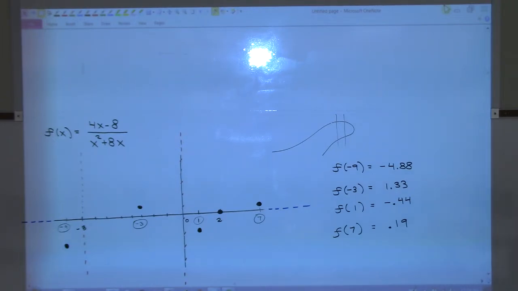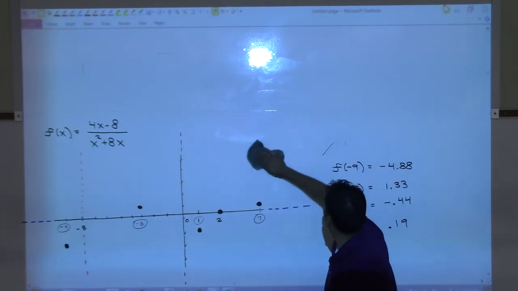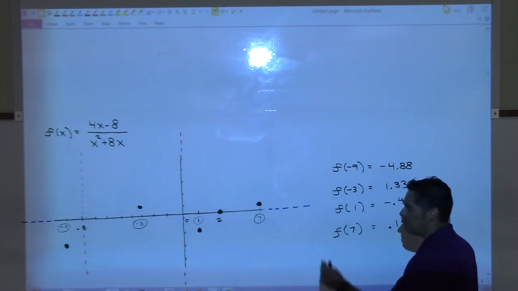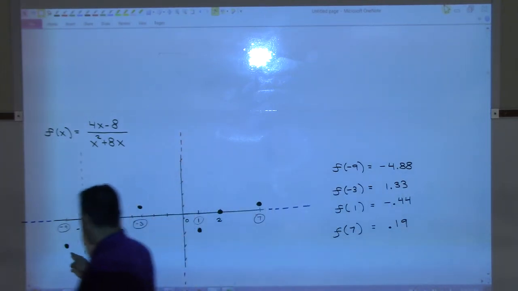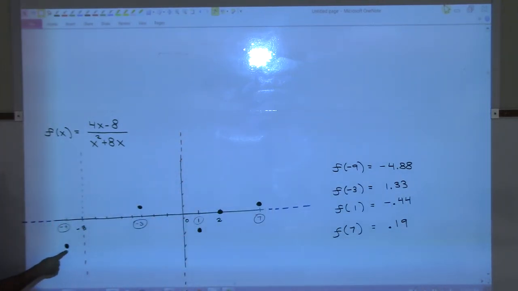Let's see what happens. You actually have to use your brain here a little bit, all right? You have to think about what you've determined, what all these dotted things mean. So this point I know for sure is part of my graph, right? So I'm going to imagine that if I were told I have to draw to the left of this point and to the right of this point, what would have to happen?